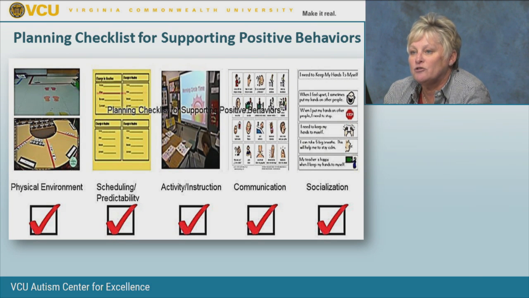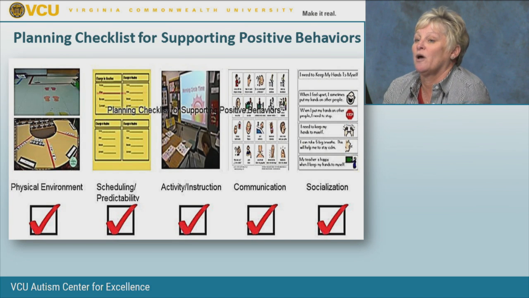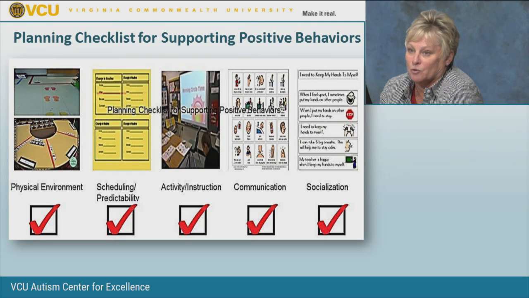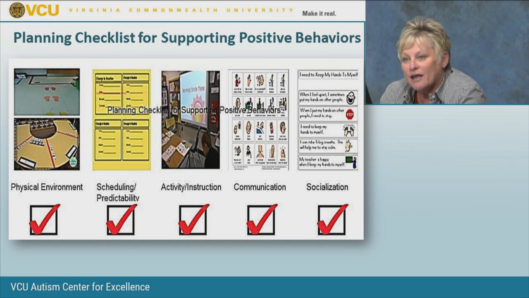So what I want you to do when you're developing visuals for your classroom, as well as those individualized visuals, is think about what the child needs and what I can give the child in the physical environment that's going to promote reduced tension, less anxiety, and increase the likelihood that they're going to be able to demonstrate the behaviors that are most positive.